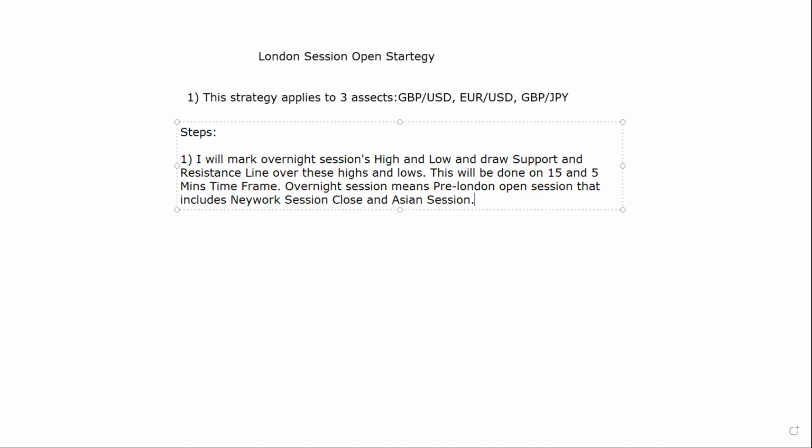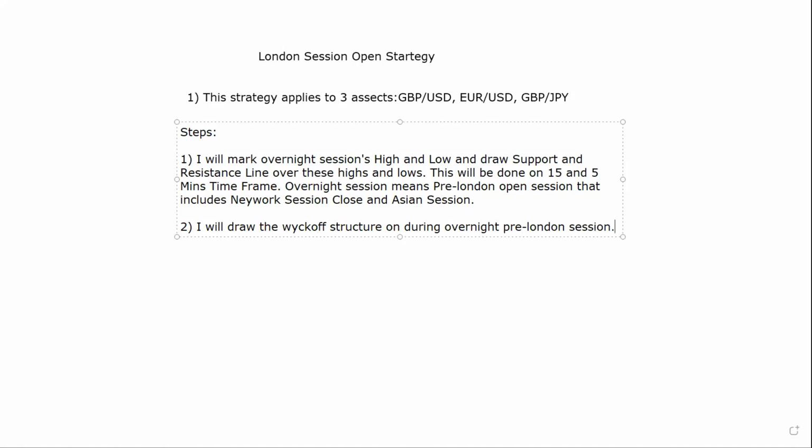The second step would be I will draw a structure, Wyckoff structure. I will draw the Wyckoff structure during overnight pre-London open session. Now what does Wyckoff structure mean here?